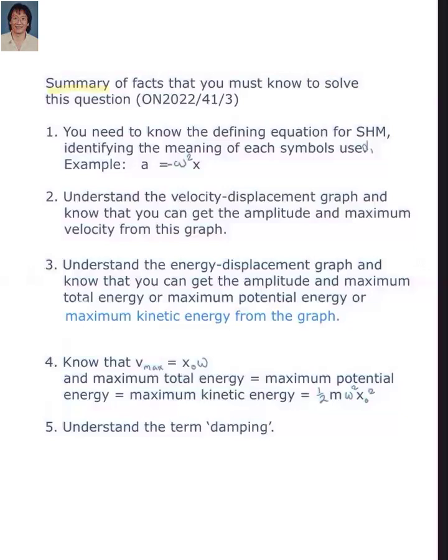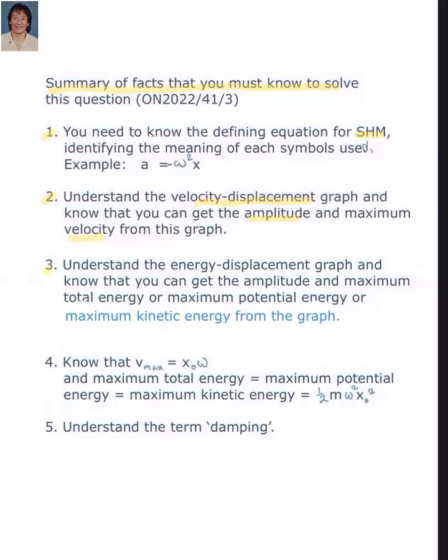This is a summary of the facts that you need to know to solve this question. Number 1, we need to know the defining equation for simple harmonic motion, and we must be able to identify the meaning of each symbol used. For example, the defining equation is a equals minus omega squared x. Number 2, you must understand the velocity displacement graph and know that you can get the amplitude and the maximum velocity from this graph.